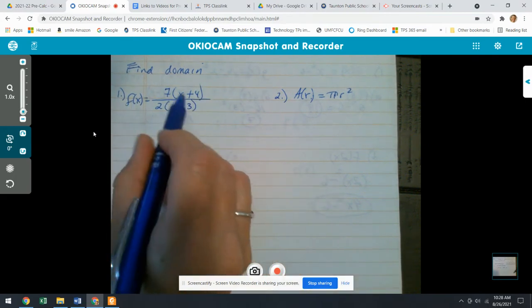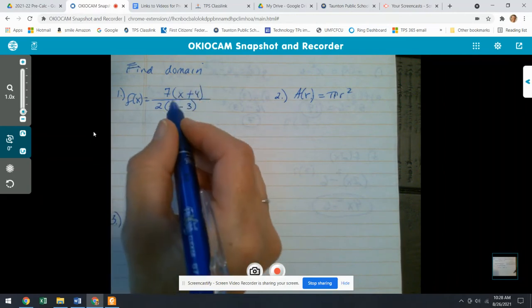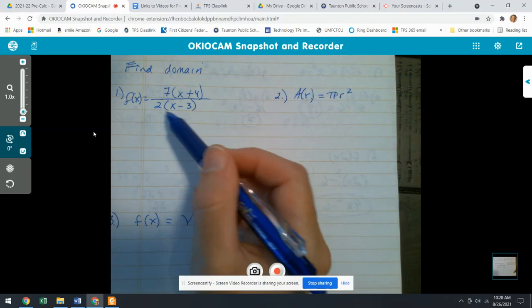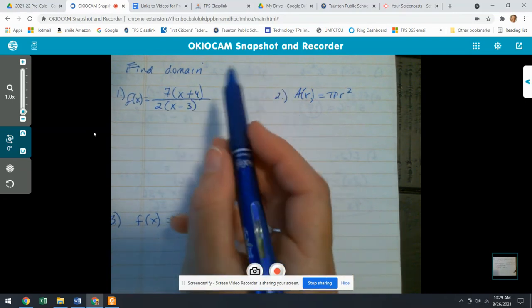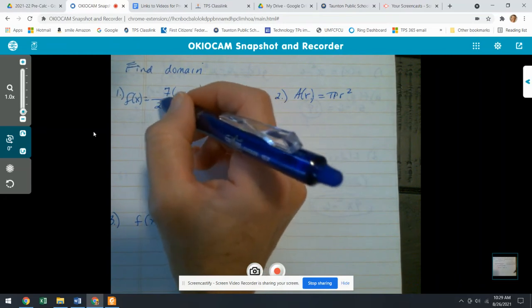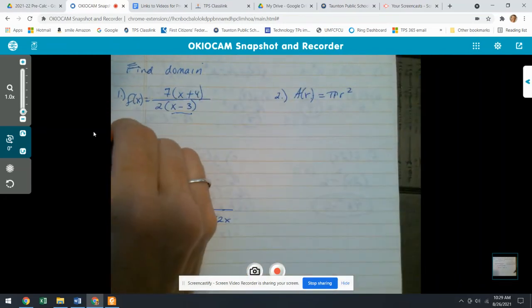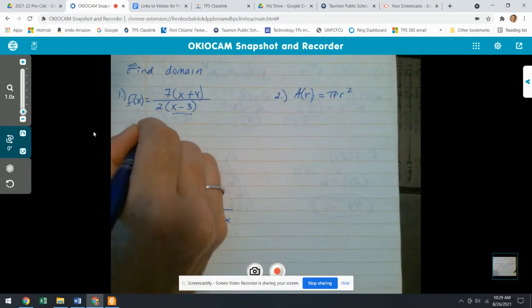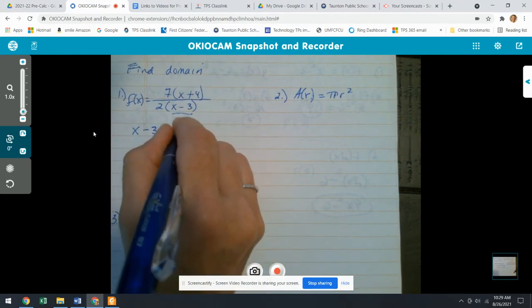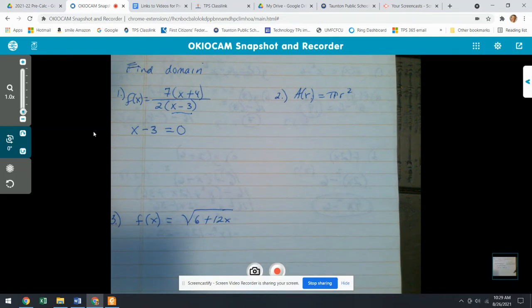So to determine where the domain is, we're going to find out where the domain can't be. So if we look at this bottom, we have 2 times x minus 3. The part that could potentially be 0 is this. The 2 is just a constant. So what we do is we take whatever's in the bottom and set it equal to 0 to find out where it goes to 0.